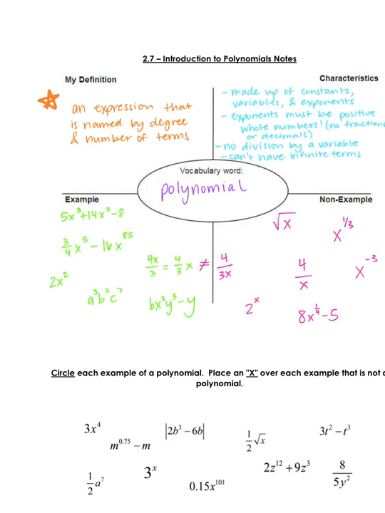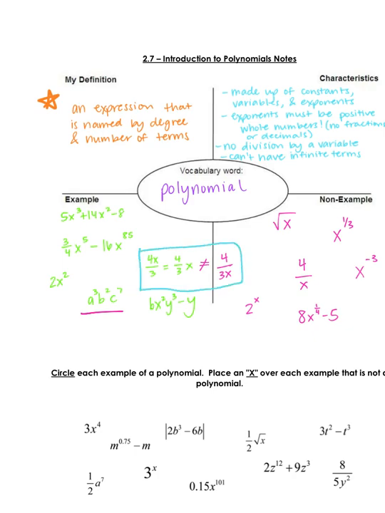So for our examples, you'll see that they have a constant, a variable, an exponent, combinations of all of them. For example, this one right here is just variables. This would be one term. But I want you to see this one right here.